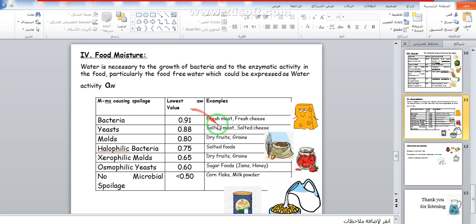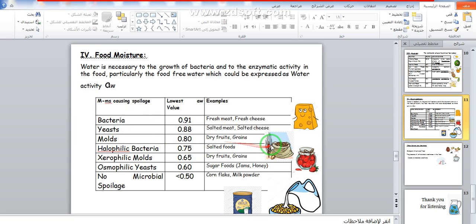So fresh meat and fresh cheese with an active water of 0.91 will be spoiled by bacteria. Salted meat and salted cheese with an aw of 0.88 will be spoiled by yeast.